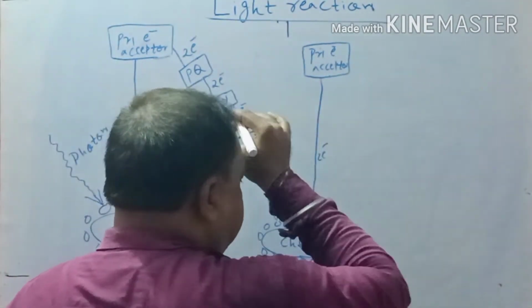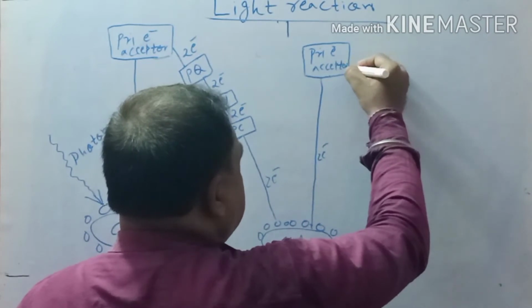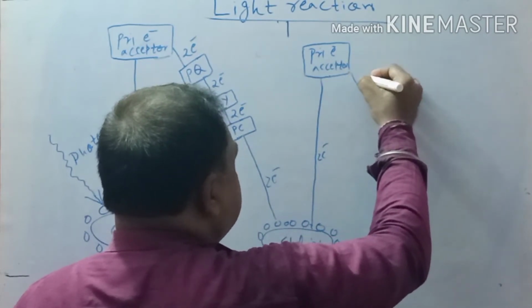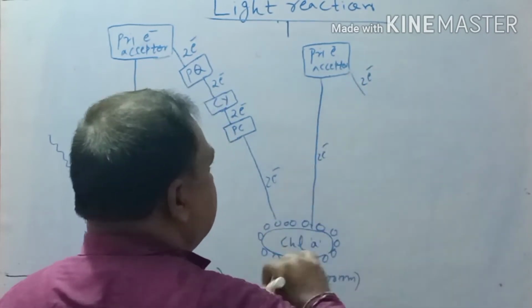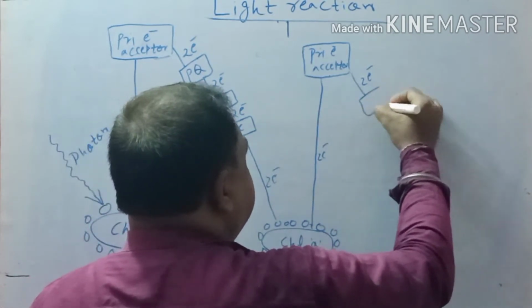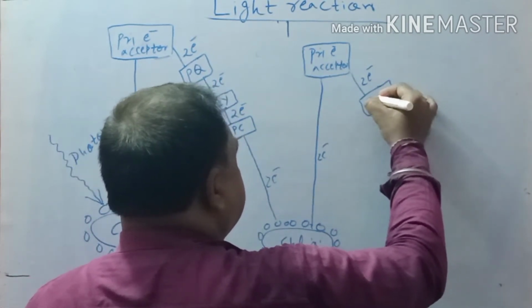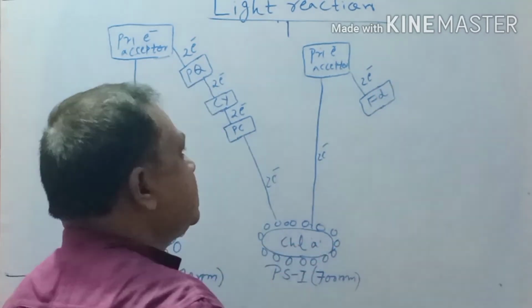Then the pair of electrons moves towards Fd, that is ferredoxin.